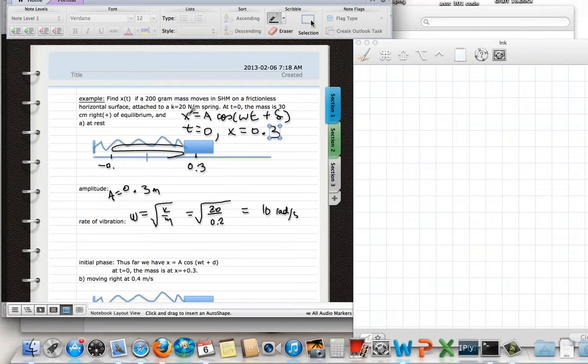If you put 0.3 on this side and 0.3 on this side, you end up with the equation, and I'll have to write it down here. 0.3 is 0.3 cos of delta. Now, typically, cosine equations like this have an infinite number of solutions and feature 2 solutions in the unit circle. But because 0.3 over 0.3 is 1, there's only one answer to the inverse cosine of 1. It's actually 0.